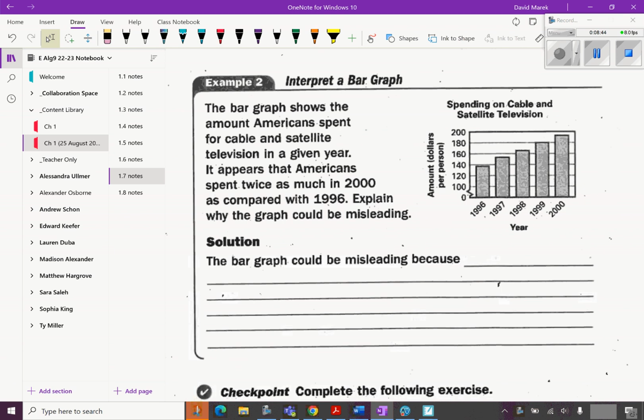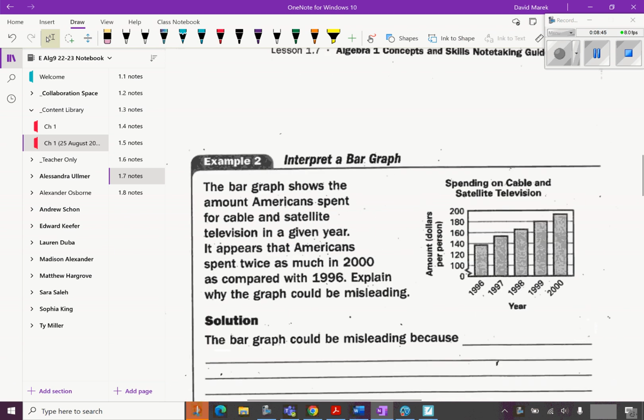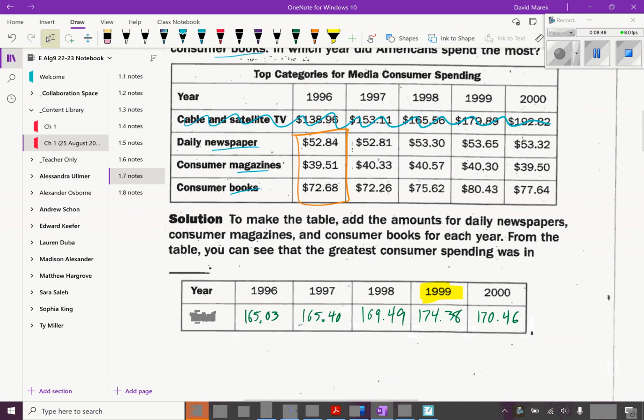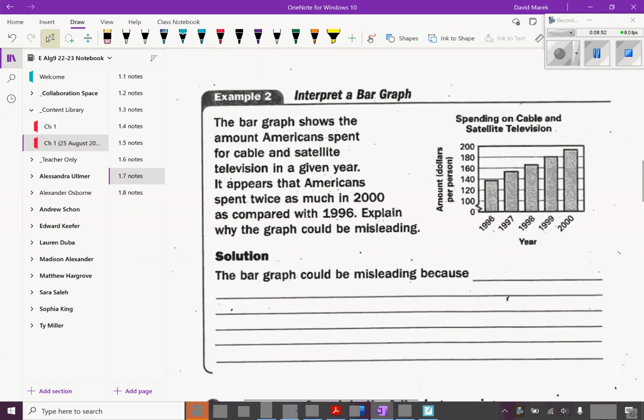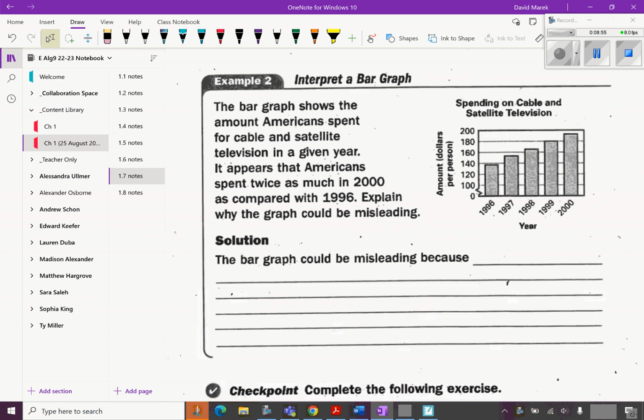So example number 2 here, what they've done is that same set of data up above, where we ignored cable and satellite TV. Here, this bar graph shows the amount Americans spent for cable and satellite TV between 1996 and the year 2000. It appears that Americans spent twice as much in 2000 as compared with 1996.